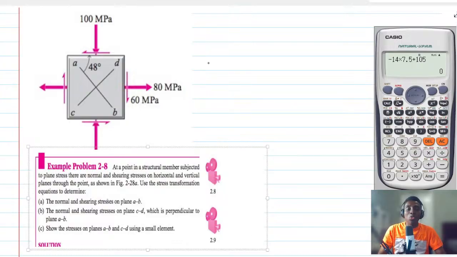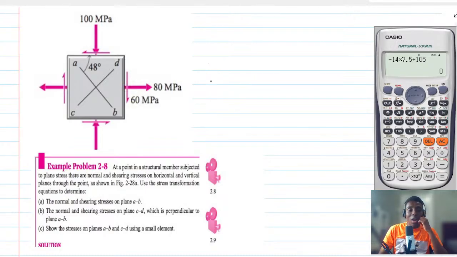So for this question, you have been given a point in a structural member which is subjected to plane stress. And then it says that there are normal and shearing stresses on horizontal and vertical planes through the point as shown in this figure.